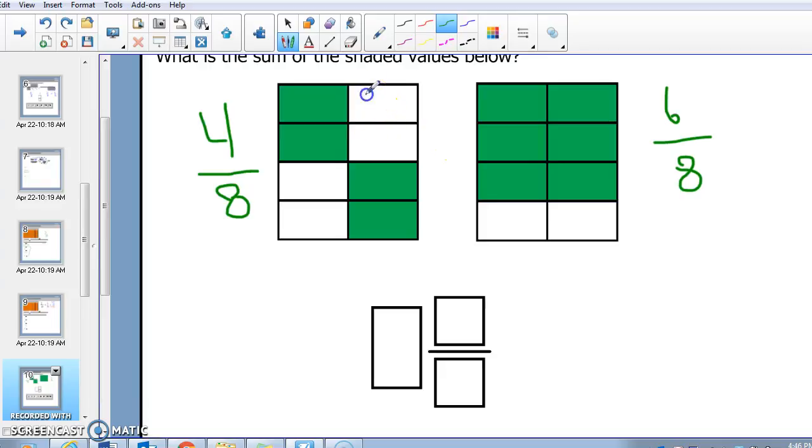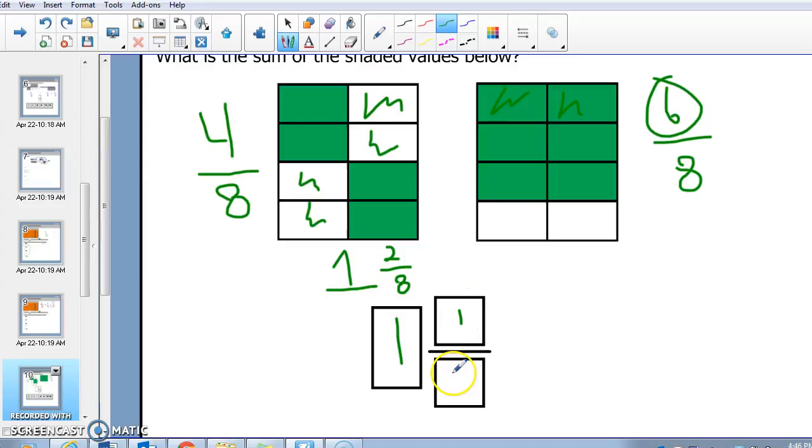So let's fill this in. 1, 2, 3, 4. So that's one whole. We're trying to get to 6, so we have 2/8 left. Does anybody know an equivalent fraction to 2/8? Yeah, could be 1 and 1/4.